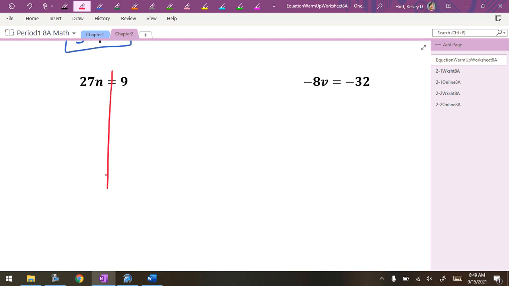Careful, you gotta keep it on the right side. All right, 27n equals 9. I should have divided both sides by 27.